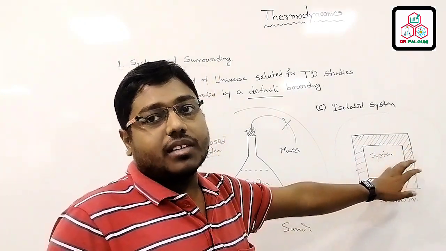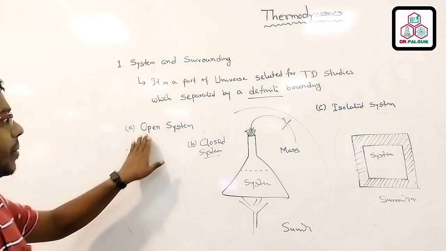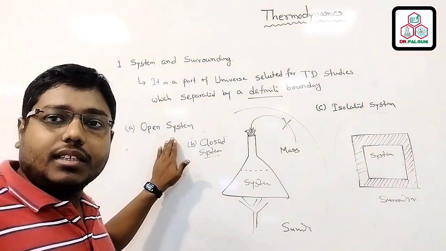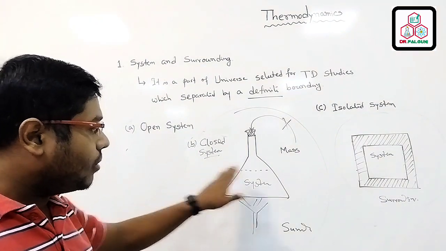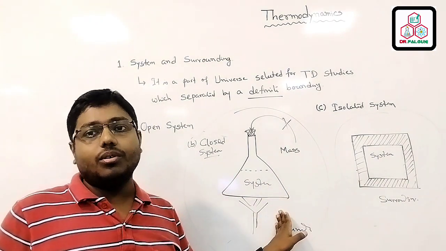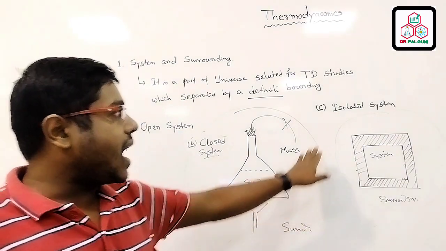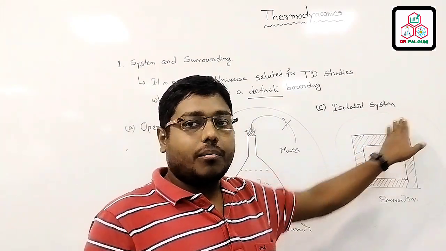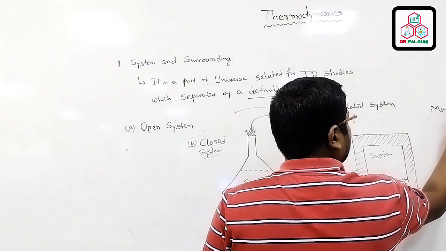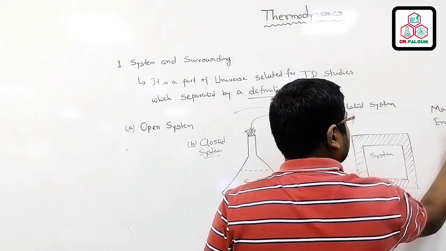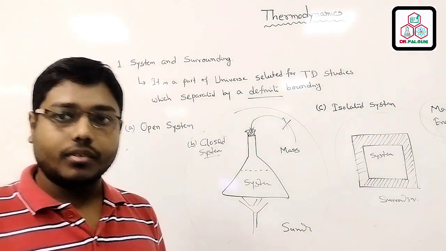So remember, open system, mass and energy can be transferred. Closed system, only energy is allowed to transfer, but mass is not allowed to transfer. Isolated system, mass and energy both are not allowed. Right.